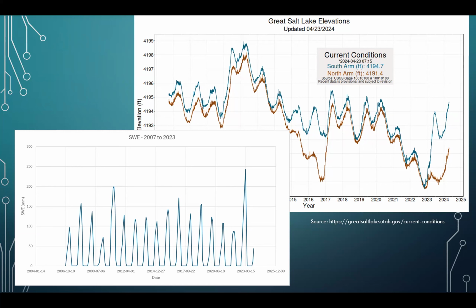Most of the snow in the snow water equivalent comes as runoff. The levels of the Great Salt Lake aren't affected by precipitation very much, and so having snow is super important for the levels of the Great Salt Lake.